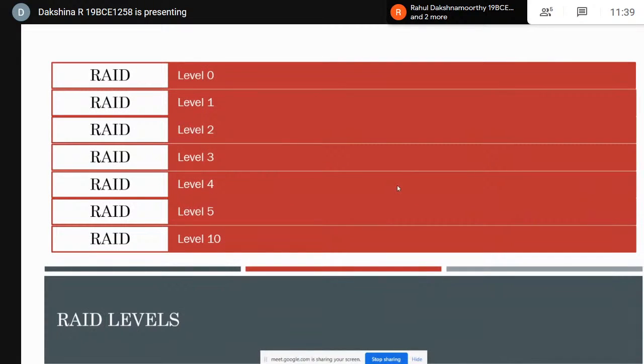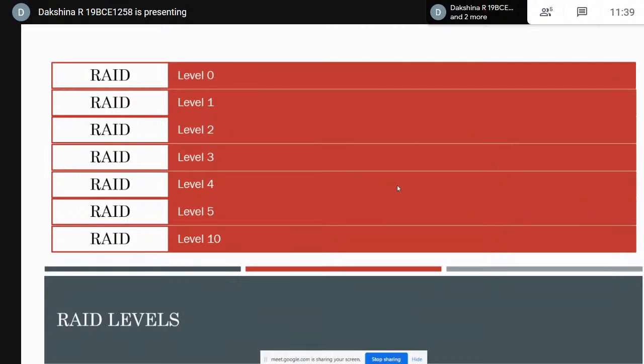RAID 0 uses disk striping, in which the data is divided into blocks and spread across multiple physical disks. Because RAID 0 makes good use of multiple disks, it tends to improve read and write performance. RAID 1, which also uses disk mirroring, maintains a complete copy of the data on a second separate physical drive.